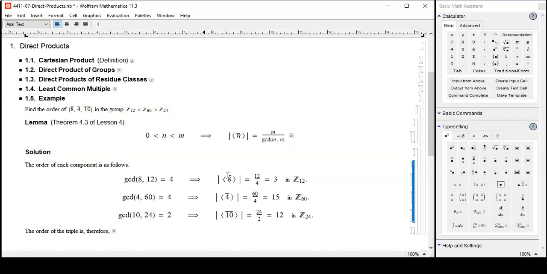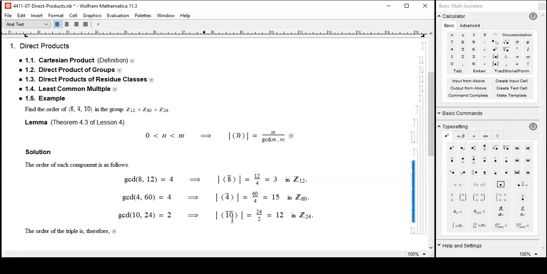So 8 bar has order m over GCD. So in Z_12, it's 12 over GCD, which is 4, so order 3. How about 4 bar in Z_60? It's m over GCD. GCD of 4 and 60 is 4, so we have order 15.